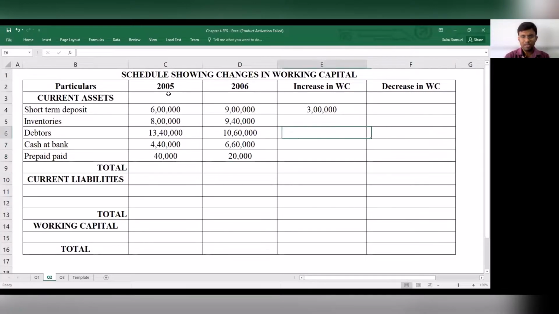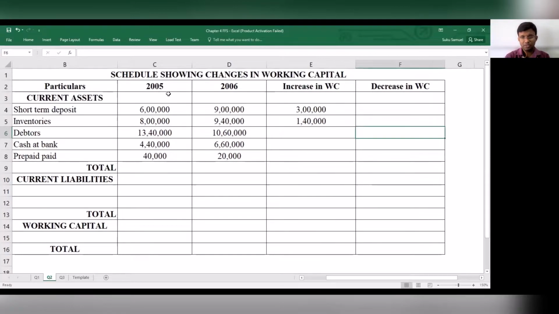Now let's look at what impact this has. Inventory has increased, so there's an increase in working capital by 1,40,000. Debtors has reduced from 13,40,000 to 10,60,000, so your working capital has reduced by 2,80,000. Cash at bank has increased by 2,20,000.